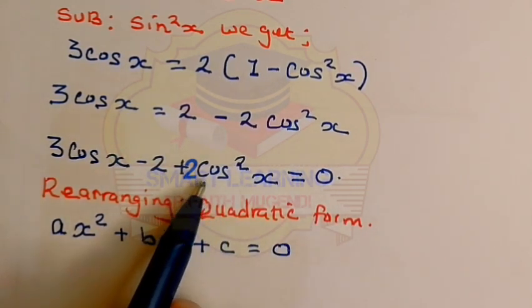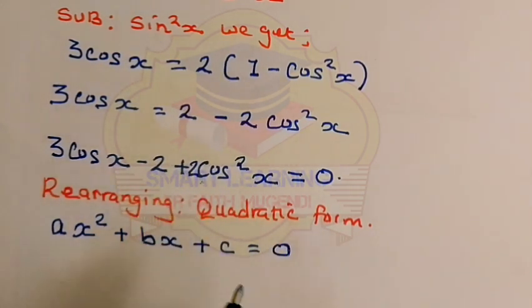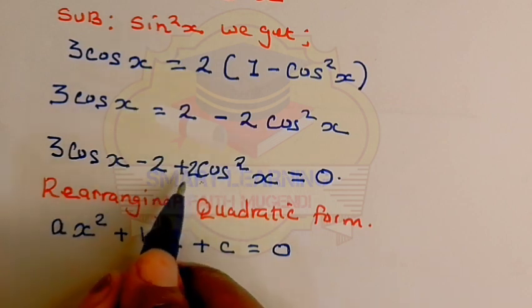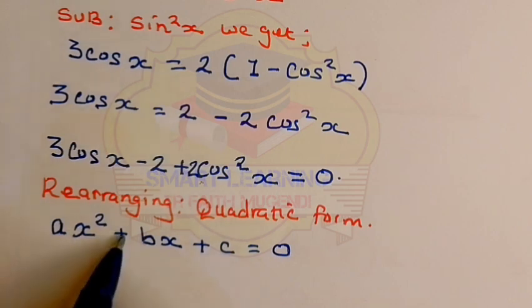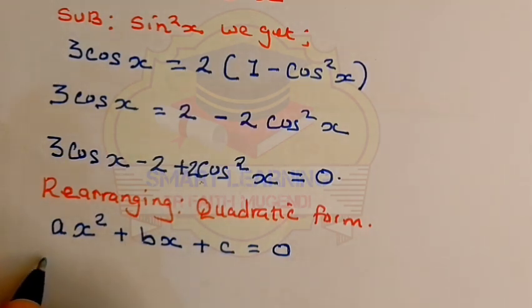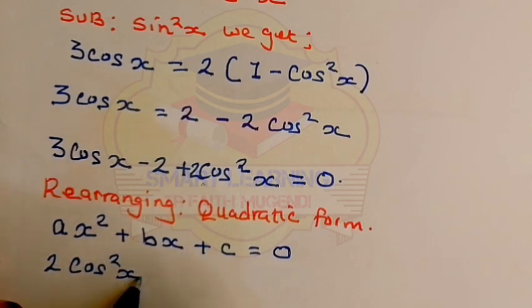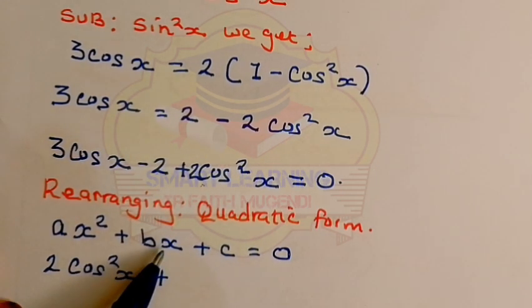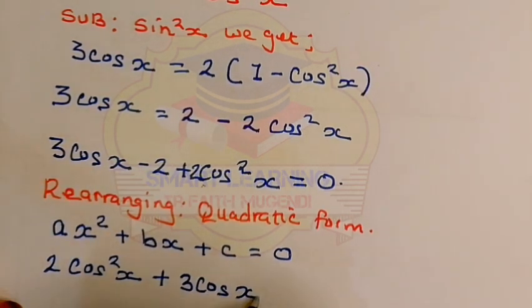So you want whatever is squared to take the position of x squared, and whatever is in front of cos squared x is the coefficient of x squared. So we shall have 2 cos squared x plus anything with cos is 3 cos x, and now we have minus 2 is equivalent to 0.